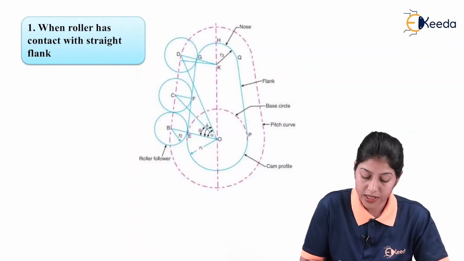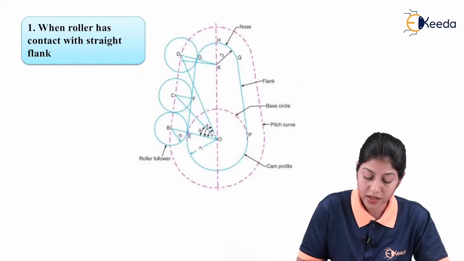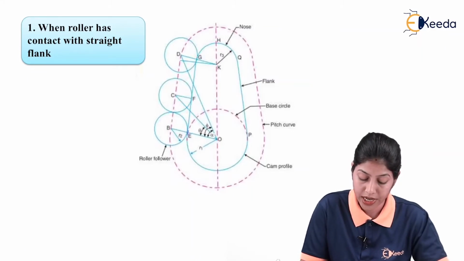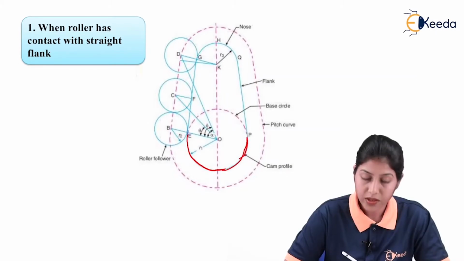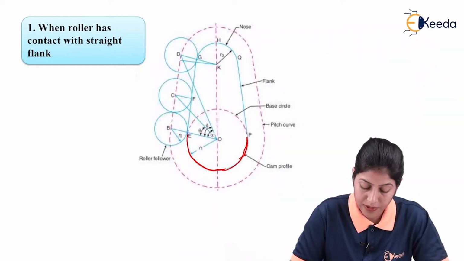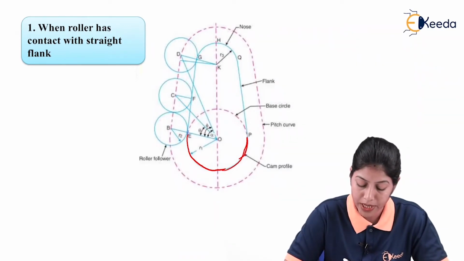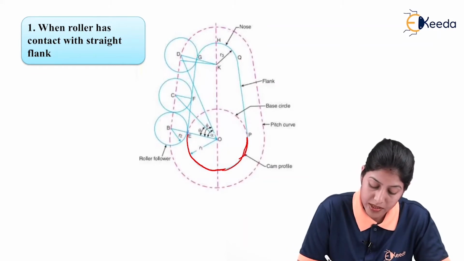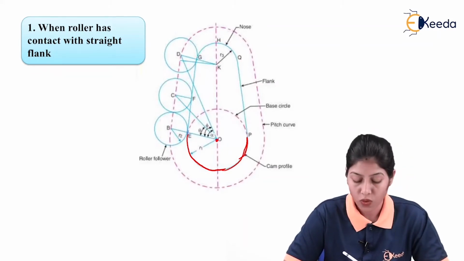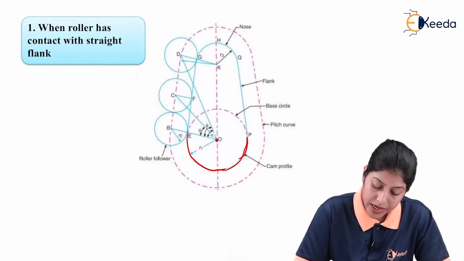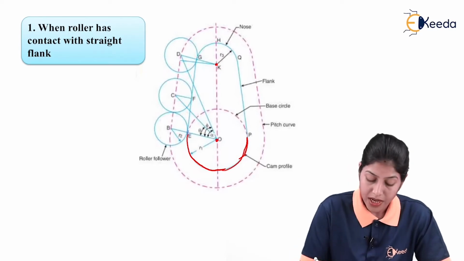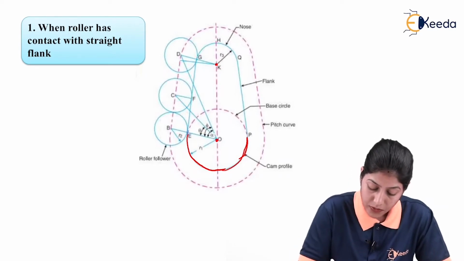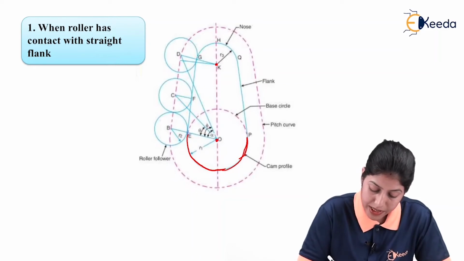So here as you can see, this is our tangent cam. It has a curved surface and the flank, that is straight lines. This curve is representing the base curve, or the circle which is made with the help of this curve is called the base circle, and the center of the base circle we are considering here as O, and the center of the nose is represented by K, and here the flank length is represented by EG and PQ.